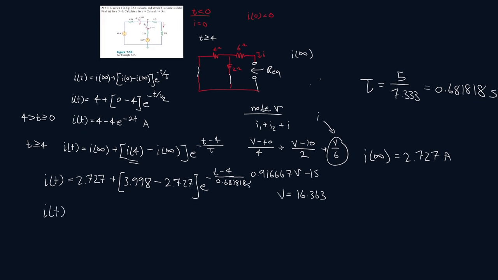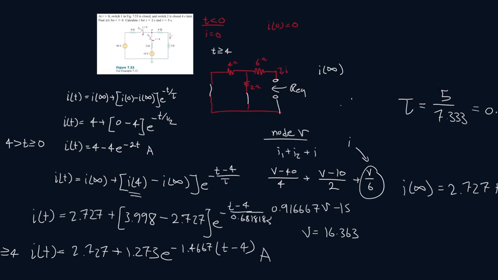So I of t gives me 2.727 plus 1.273 e to the power of, 1 divided by 0.681818, that's minus 1.4667 times (t minus 4), and that's your final answer for when t is greater than or equal to 4.